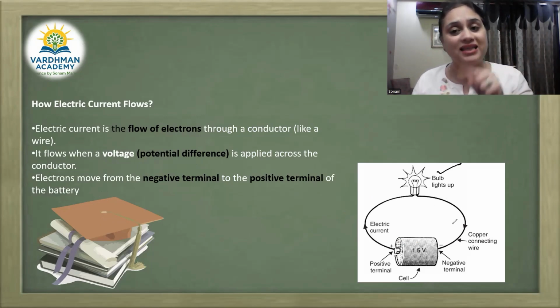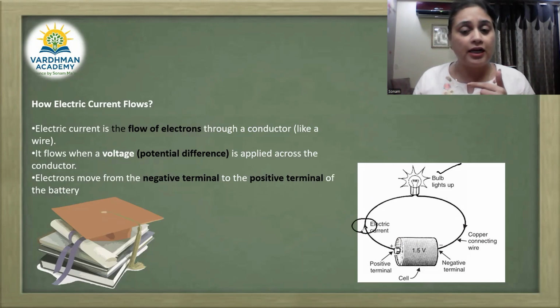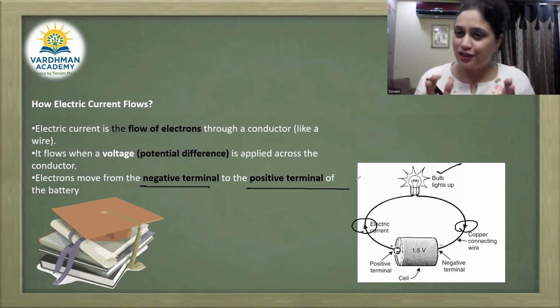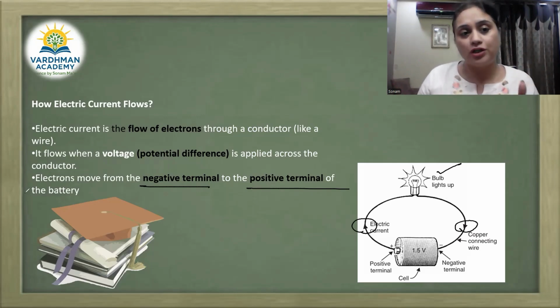If you look at this circuit carefully, आप देख पा रहे हैं, the direction of the current is from the positive terminal to the negative terminal. But we always say that electrons move from the negative terminal to the positive terminal. This is what we are going to learn: why there is a difference in the direction of flow of electrons and the flow of current.